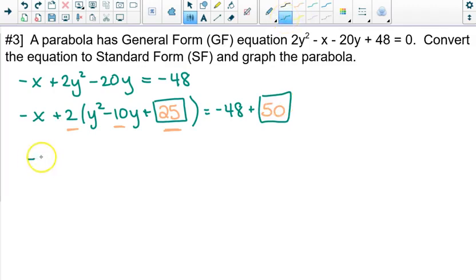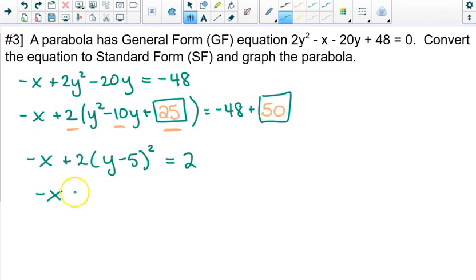Okay, so now we can write this as negative x plus 2 equals 2 times the quantity (y minus 5) squared. So remember what we're doing is converting this to standard form. And we can see that it's going to be an x equals y squared kind of equation. So I'm going to subtract some terms to get them to the other side.